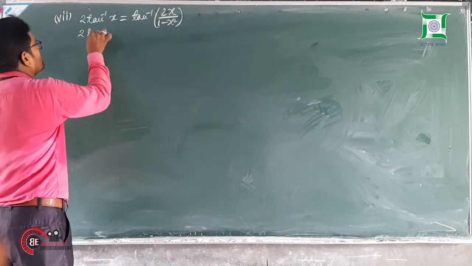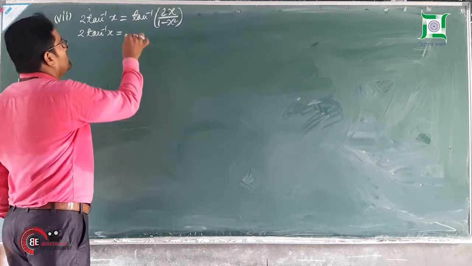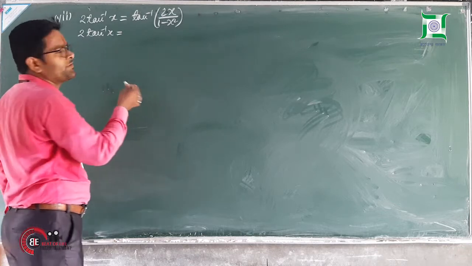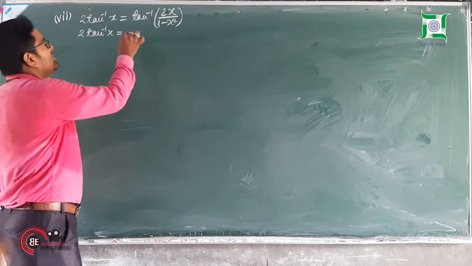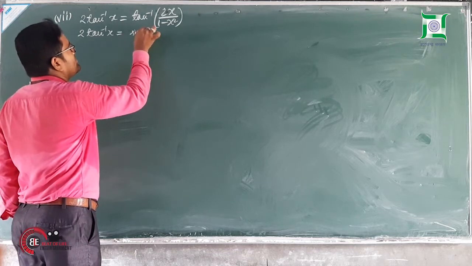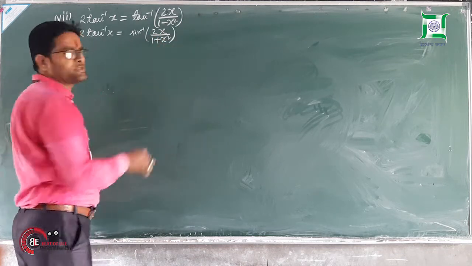Again we have 2 tan inverse x is equal to, see this everyone, we have the formula for 2 tan inverse x related to sine and cos also: sine inverse 2x by 1 plus x square. See this.